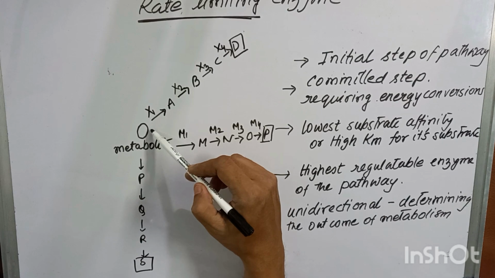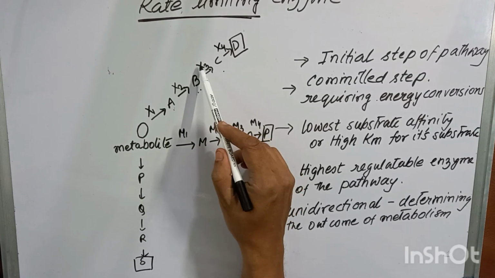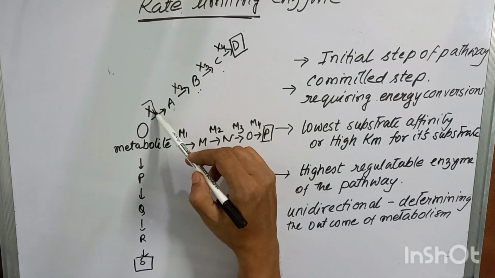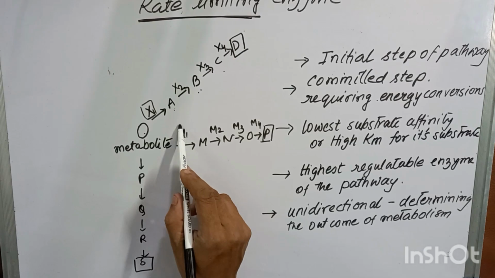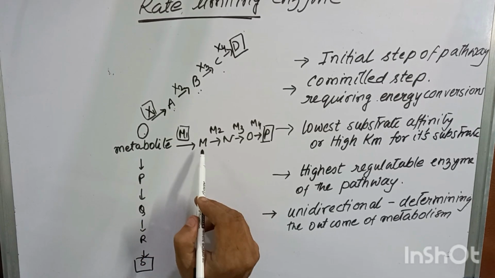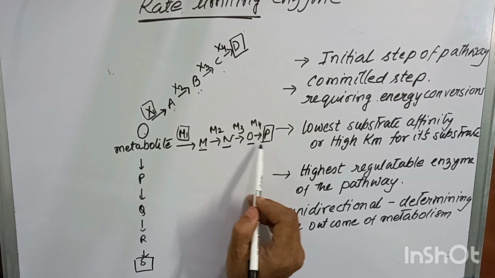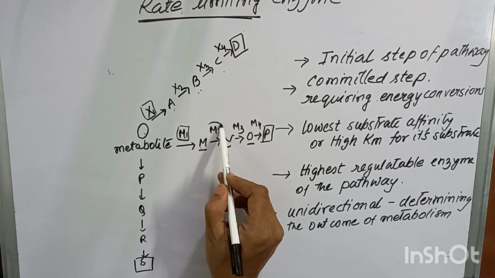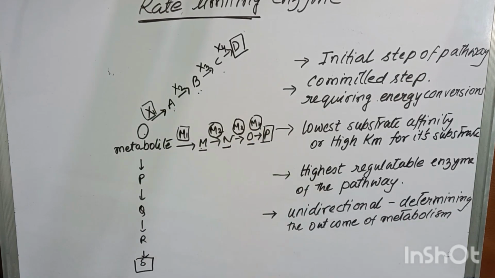Each of these conversions, say from O to A, A to B, B to C, is done by the respective enzymes. Say X1 converts O to X. Here M1 converts O to M, M2 converts M to N. So these are the metabolites and these are the enzymes, and these are the pathways.